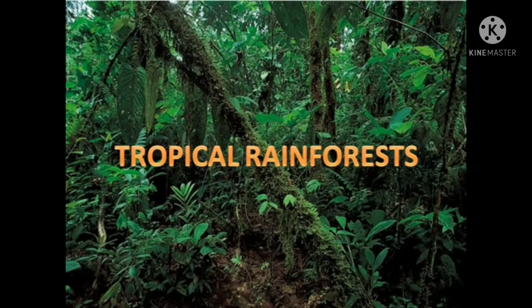Below the canopy is a third layer formed by smaller trees whose crowns do not meet. Below that is a layer composed of woody and herbaceous shrubs. Finally, there is the ground layer, which receives very little sunlight. So that is about the tropical rainforest.